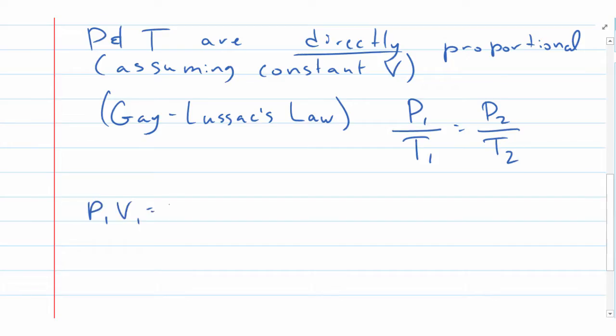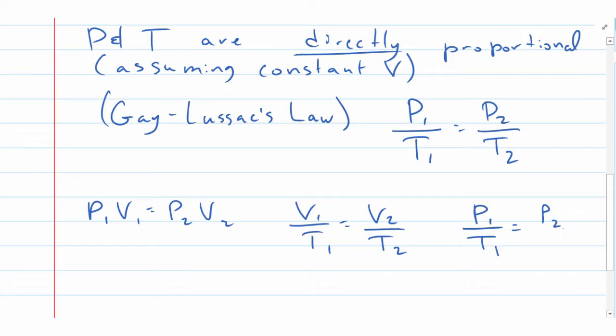I'm going to rewrite the 3 equations that we have like this. And notice now, as we write these out, in all cases, we are showing the pressure up in the numerator, we're showing the temperature in the denominator, and we're showing the volume in the numerator all the way across.